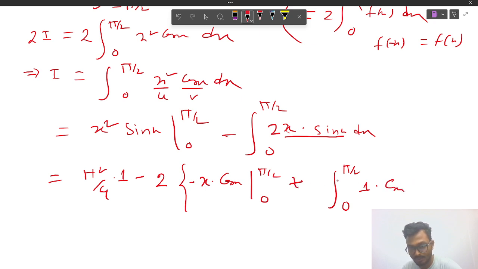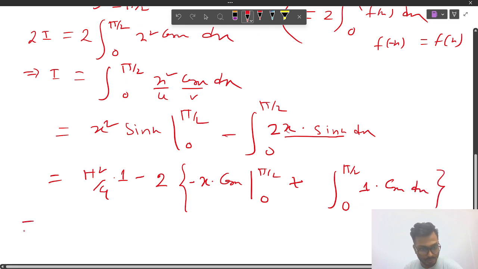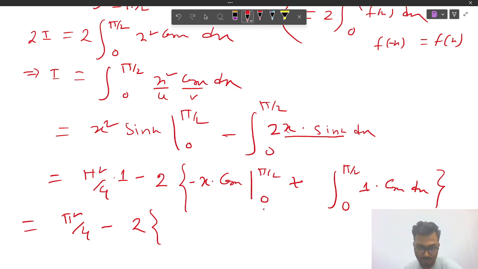So the minus will be outside, so it will be positive, dx. So it equals pi square by 4 minus 2 into bracket. When you put pi by 2, cos pi by 2 is 0, and when you put 0, it is also 0, so it will be 0.